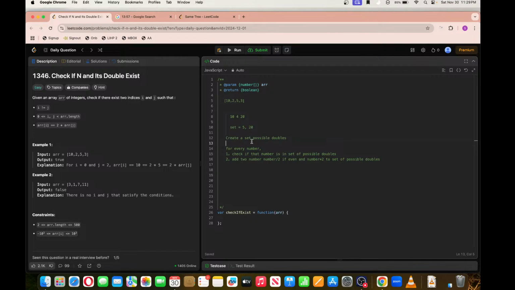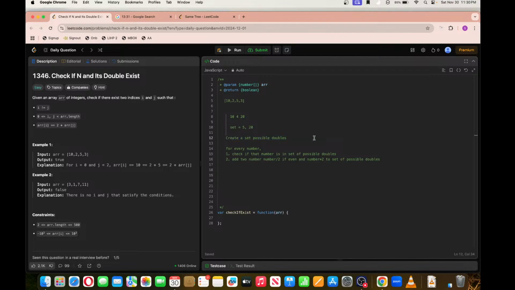So that is one thing. And the array length only goes up to 500, right? So for every number there can be 2 possibilities, so 500 times 2 is equal to 1000. So there will be 1000 different possibilities for the set's length.